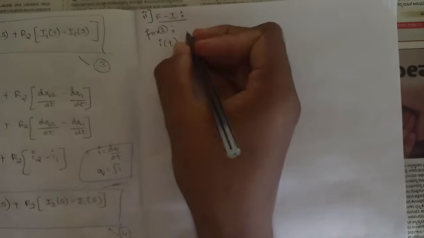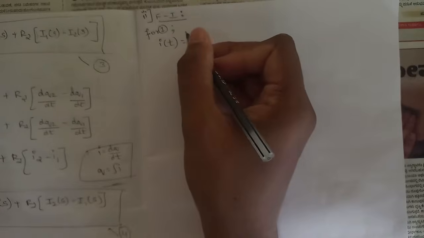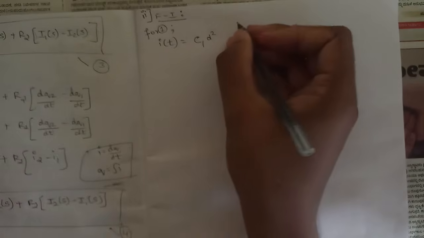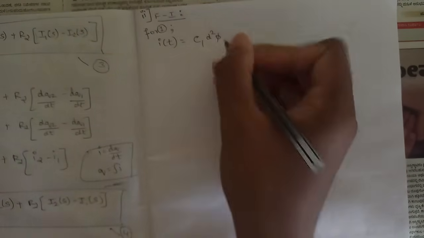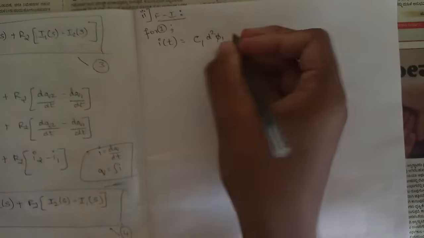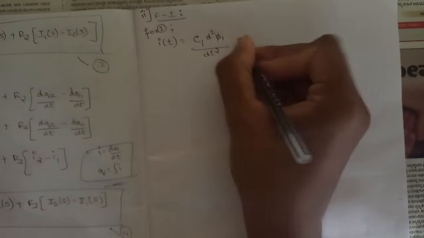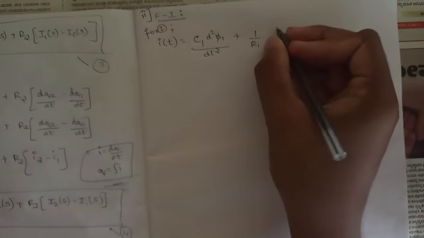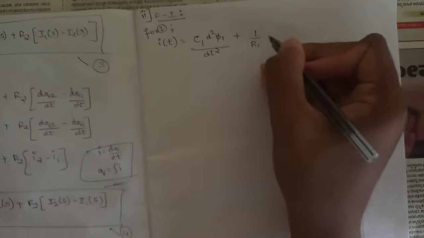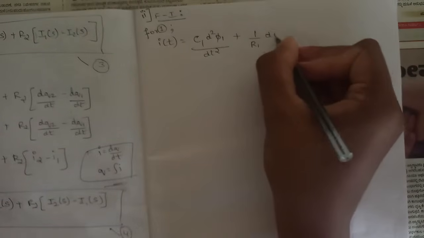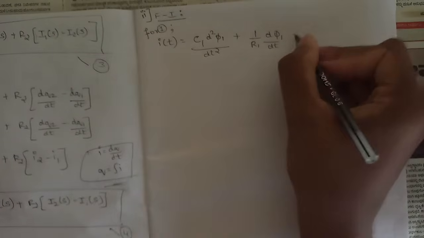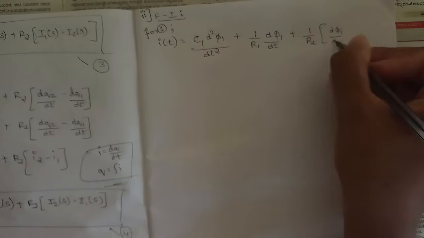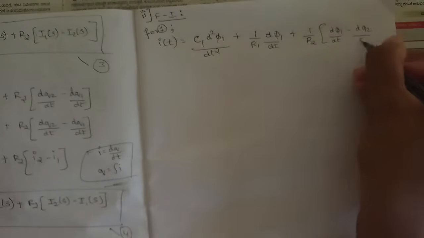So write I of t is equal to M is replaced by C, so M1 is replaced by C1 into d square, that is displacement x is replaced by phi 1, d square phi 1 by dt square, plus b is replaced by 1 by r, so b1 is replaced by 1 by r1. B is replaced by 1 by r in case of FI analogy, right? So d phi 1 by dt, plus again b2 is replaced by 1 by r2, d phi 1 by dt minus d phi 2 by dt.